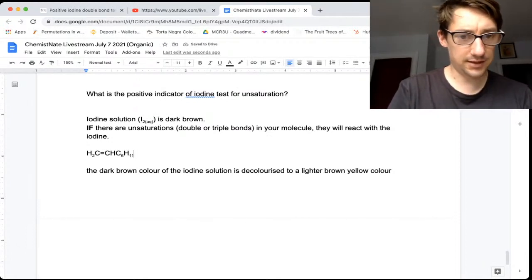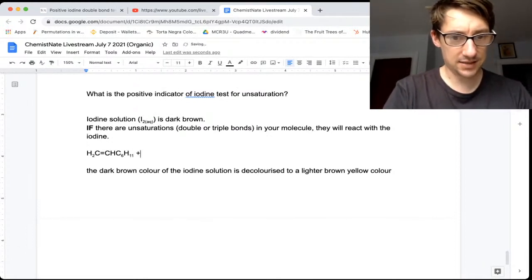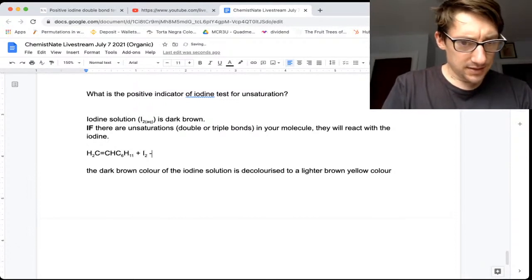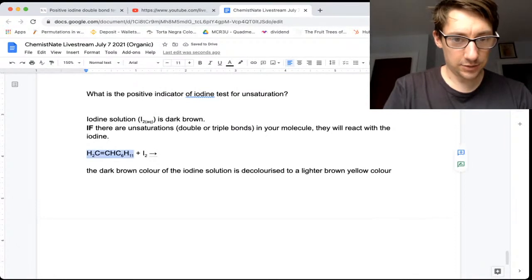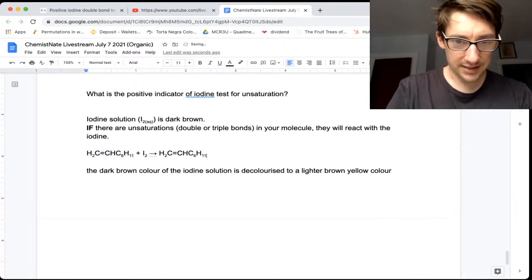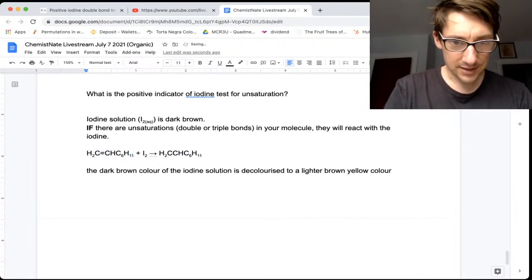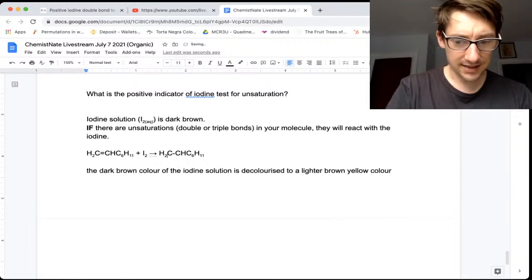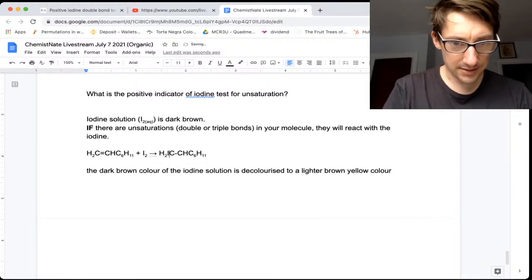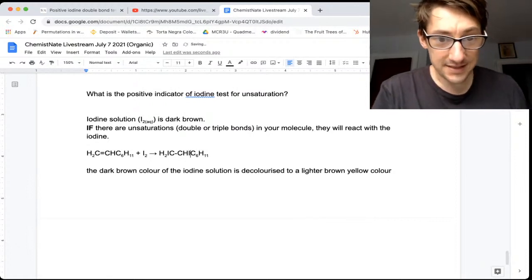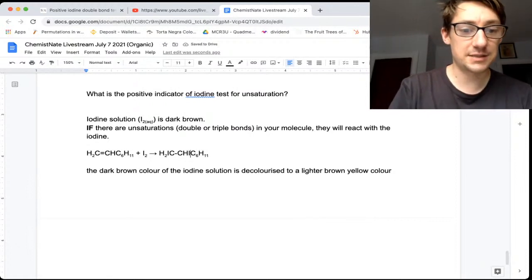C6H11, yeah, that would work. Plus I2. The idea here is that in this big molecule, the double bond breaks, and you end up adding an I to each of these carbons. There. Now it's a single bond, but the I2 has been used up.